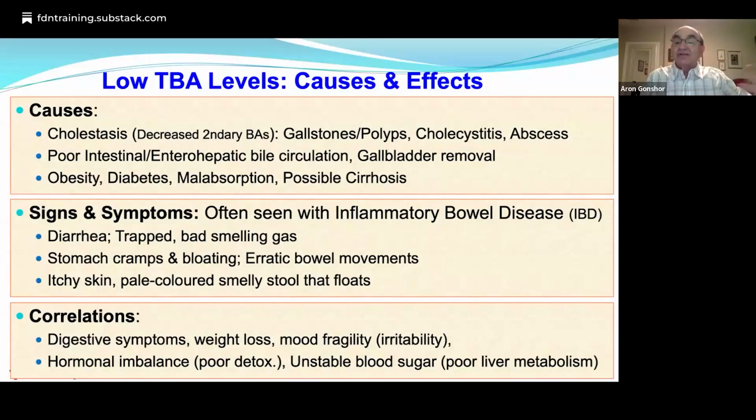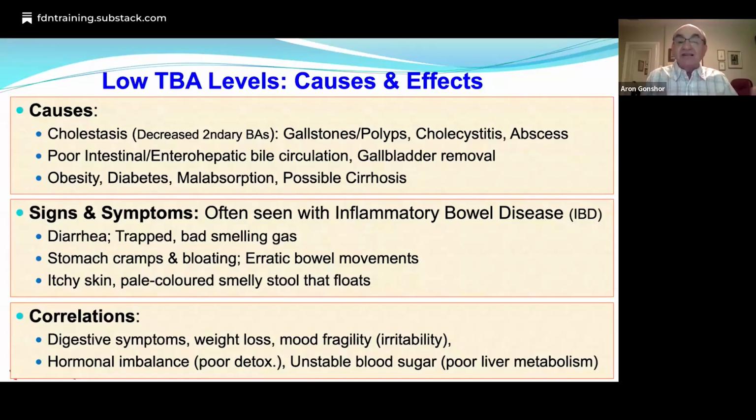Things like gallstones, cholecystitis, abscesses, all kinds of problems with the intestinal to hepatic circulation. The removal of a gallbladder. Some people never recover their full function and ability to be able to use the acids properly. And people who are obese, they have frank diabetes, possible cirrhosis, and malabsorption syndromes, they are going to have it.